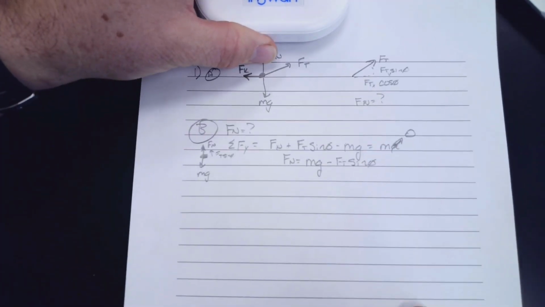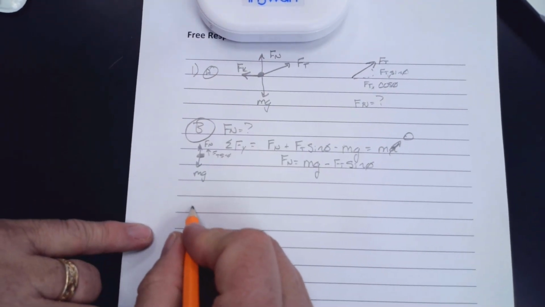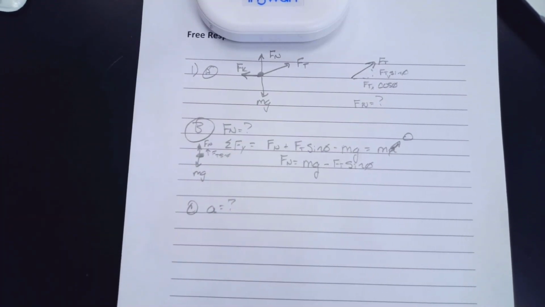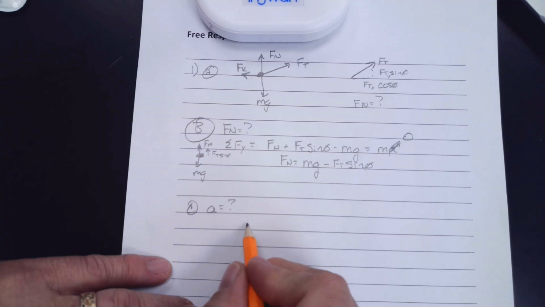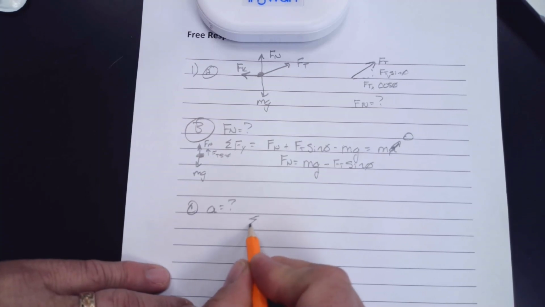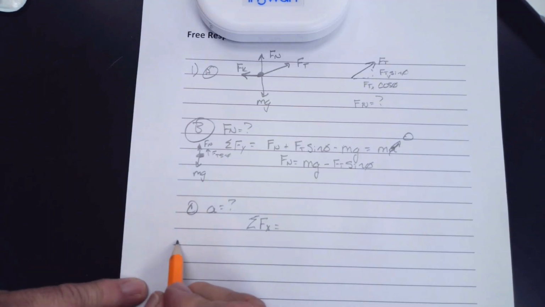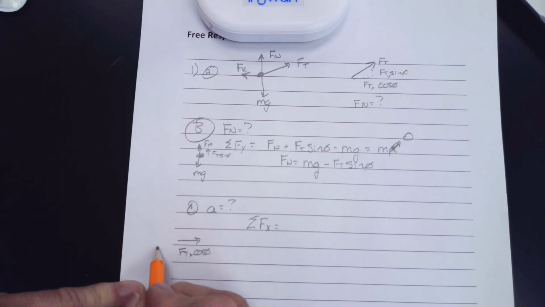For C, really they just want to know what the acceleration is. Well, I'm going to get acceleration from the sum of my forces in the x direction. The ones I had in my x direction were F of t x, the cosine portion, and I only had F of k.